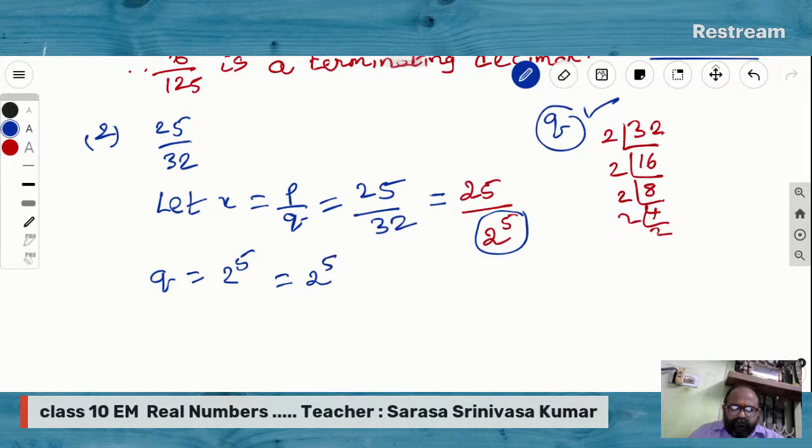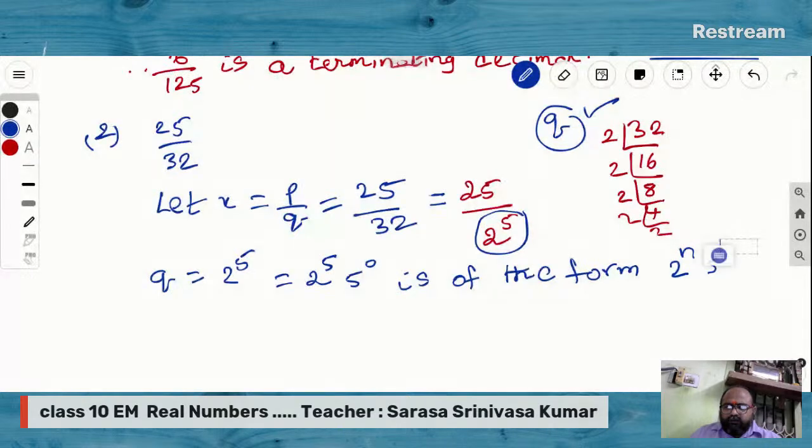2 power 5, 5 power 0 is of the form 2 power n 5 power m.